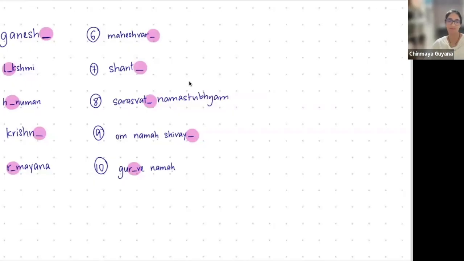All right, let me read out the questions. Question number 1. Ganesha. Ganesha ends with which vowel? If you answered U, I think you just clicked something wrong. Because it's not Ganeshu. It definitely is not Ganeshu. The question is between the short a and the long a.